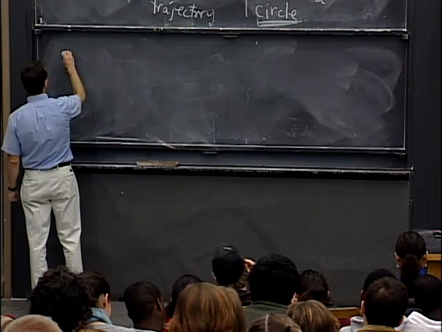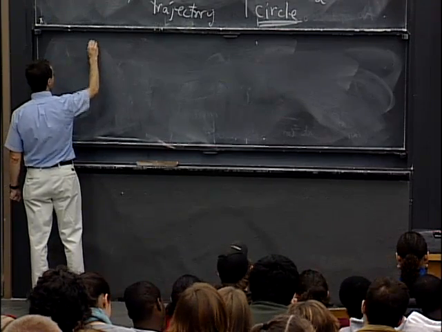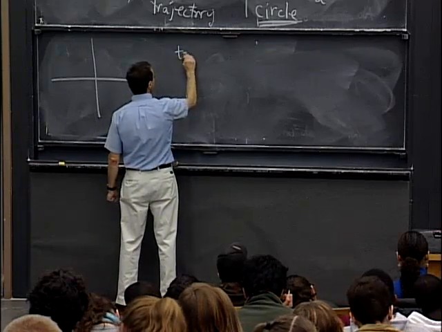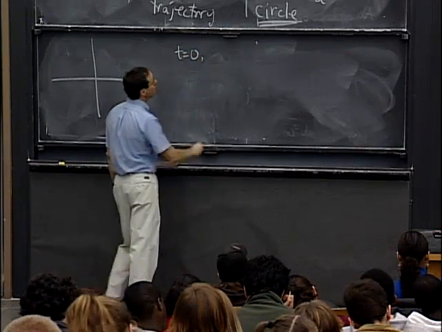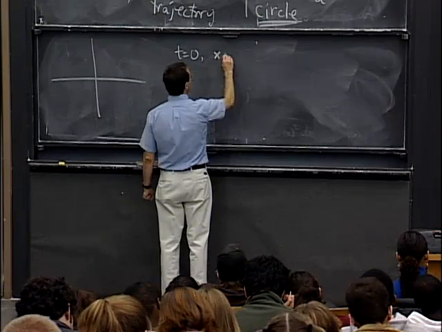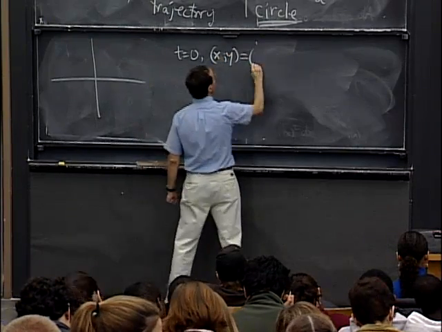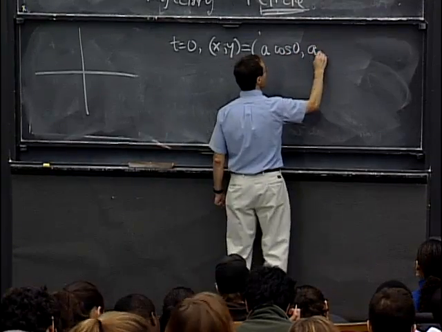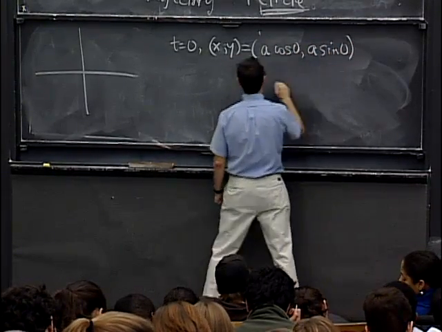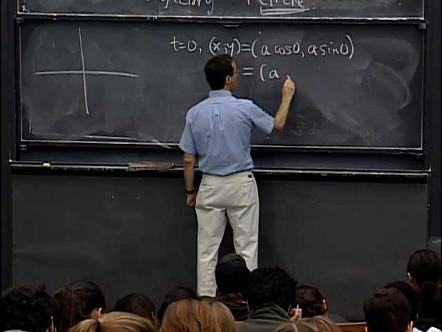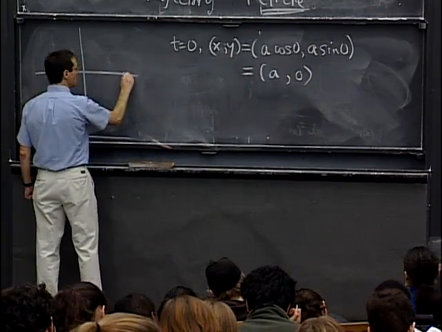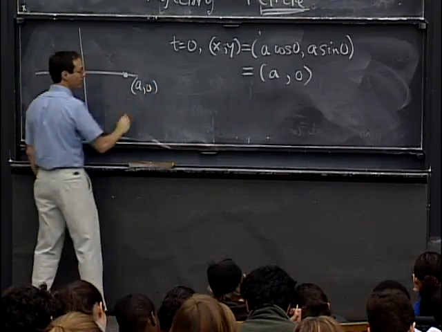So here, I have to do this by plotting the picture and figuring out what happens. At t equals 0, we have x, y equal to a cosine 0, a sine 0, which is a times 1 and a times 0, so a, 0. That's the point a comma 0.